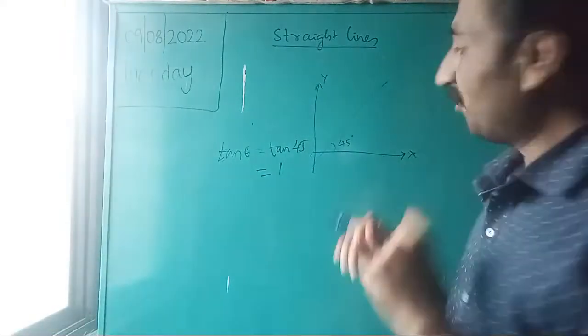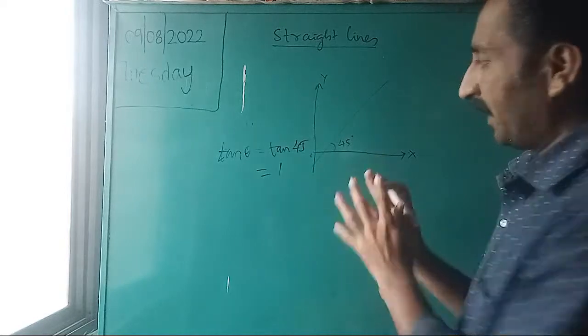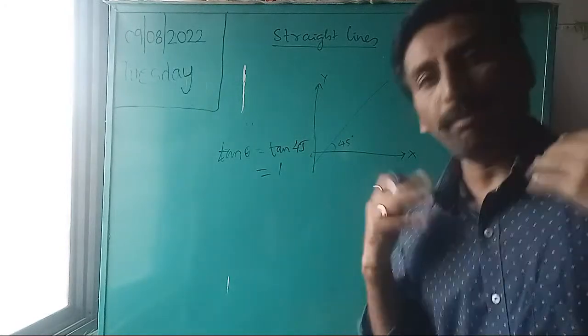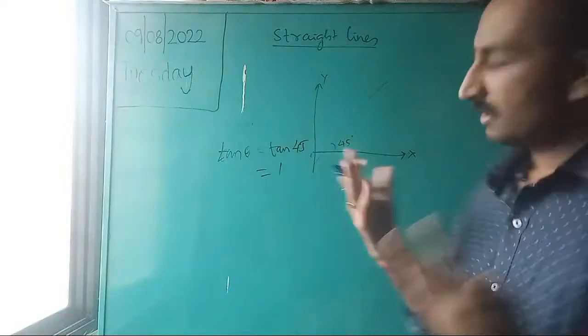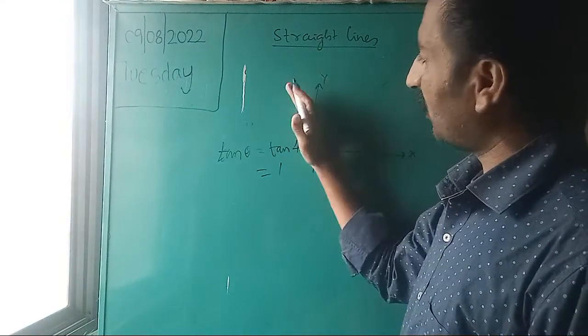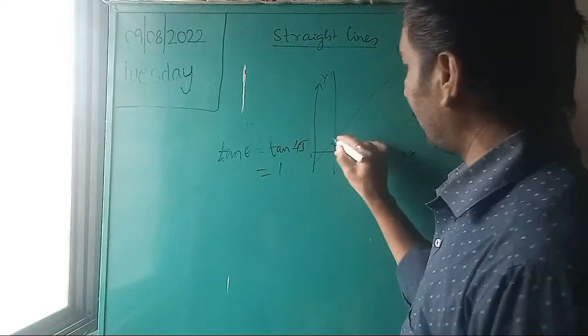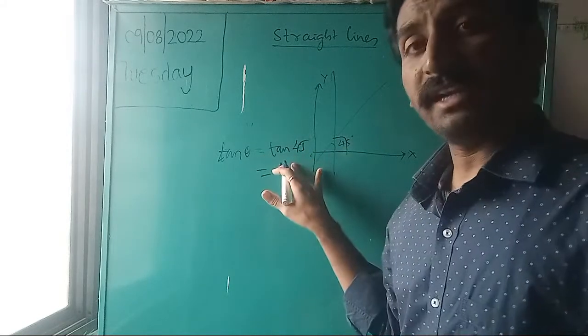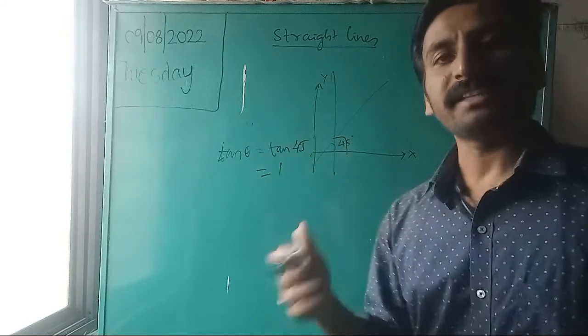So slope may be negative also, slope may be any real number. Look at this inclination, if I make it parallel to the y-axis, exactly 90 degrees, then you know very well tan 90 is infinity, tan 90 is not defined.